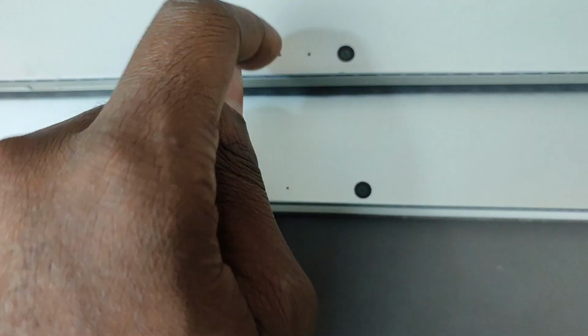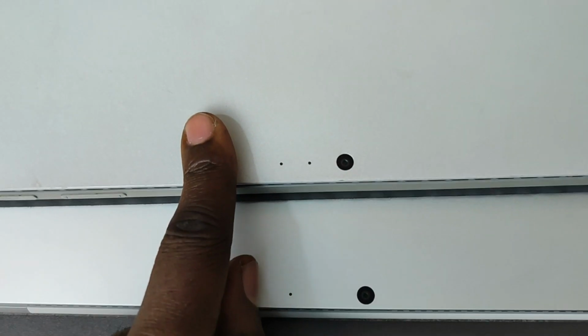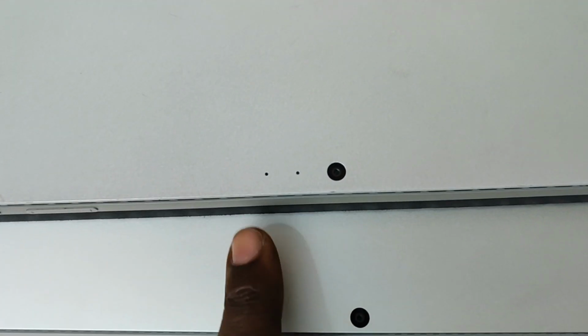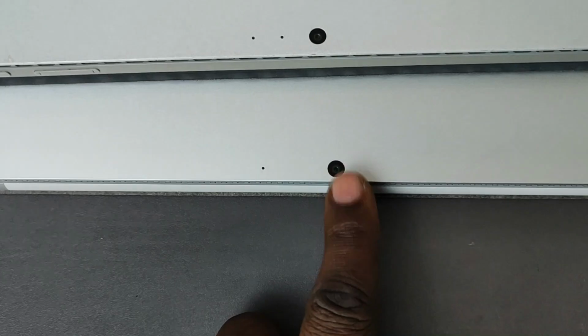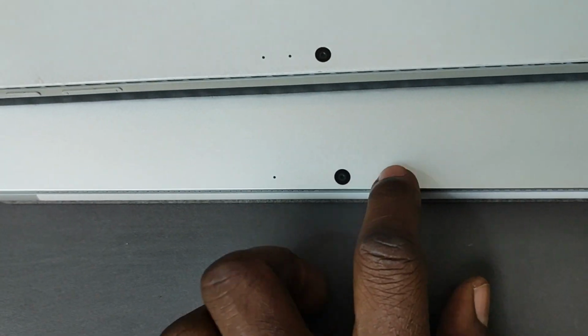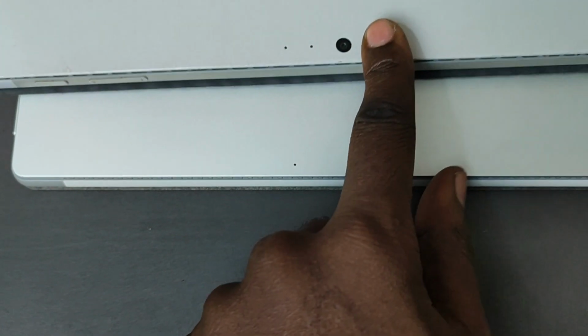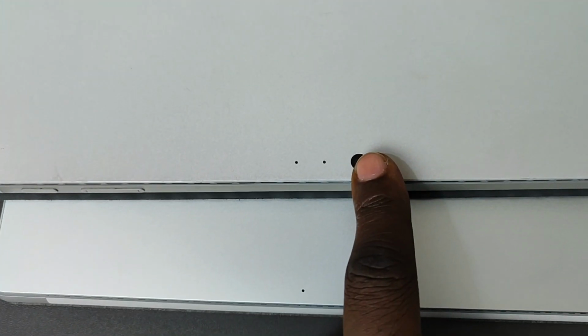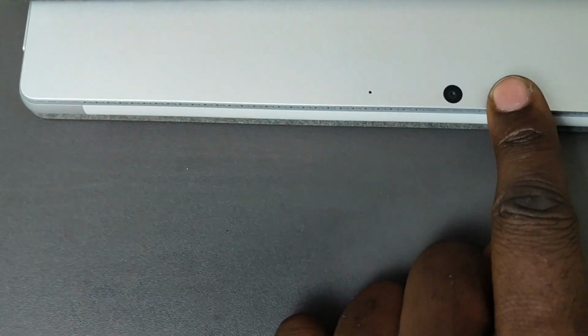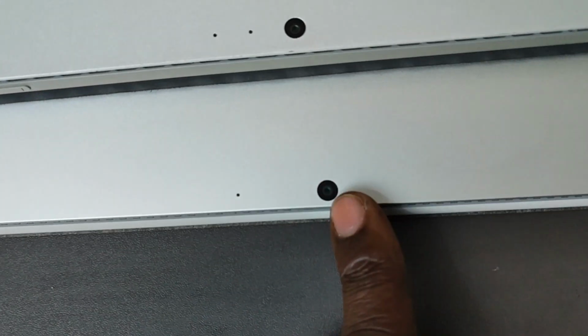Still on the camera, the rear camera on the Surface Pro 5 is 5 megapixel, while the Surface Pro 8 has a 10 megapixel camera. So the camera on the Surface Pro 8 is much sharper. On the Surface Pro 5, we can use this 5 megapixel camera to record 1080 Full HD video, while on the Surface Pro 8, you can record up to 4K video resolution.